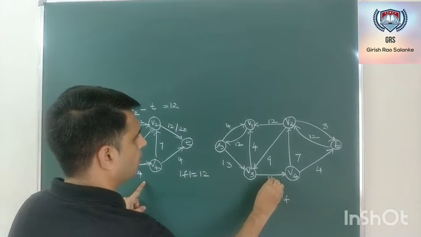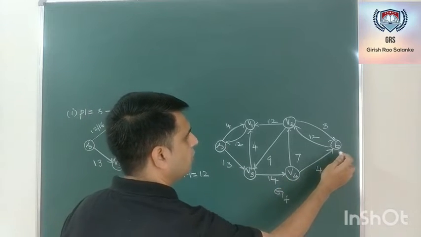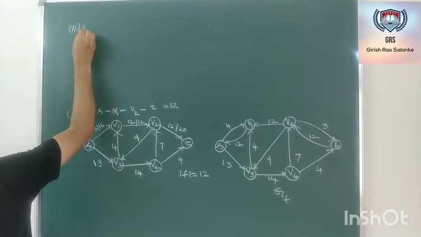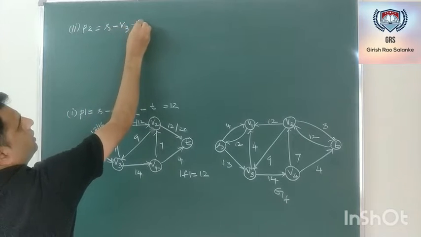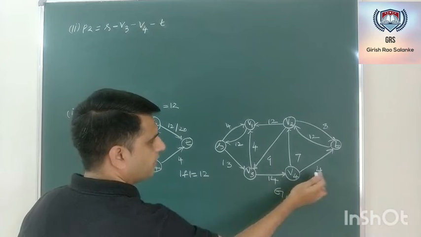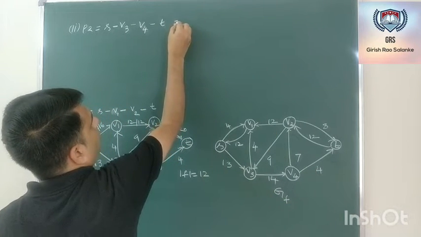This was 14. Now I'll consider S to V3, V3 to V4, V4 to T. So I'll consider the second augmenting path P2 as S to V3, V3 to V4, V4 to T. Now what is the bottleneck capacity of this? This is 13, 14 and 4. Minimum is 4.